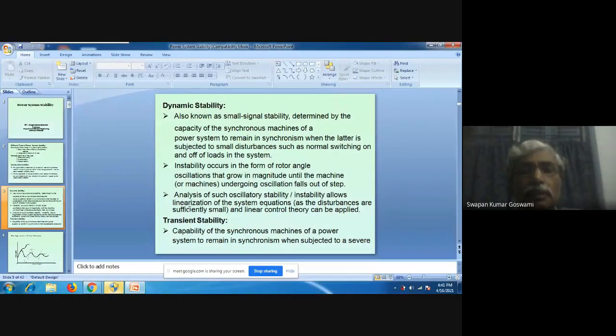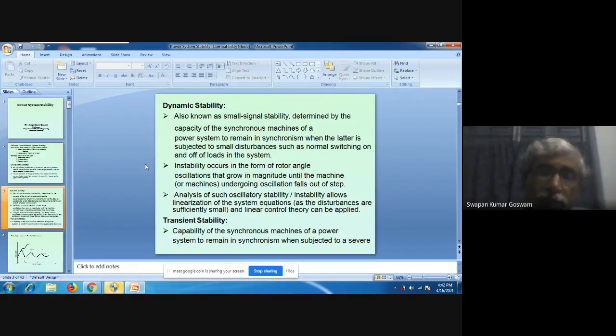Oscillation generally, because of the effect of damping, will die down and the steady state will be arrived at. But if the damping is negative, the oscillation will grow continuously. From a small disturbance, it will initially create very small oscillations, but that oscillation will grow gradually, increasing cycle after cycle, and this may lead to the instability of the power system.